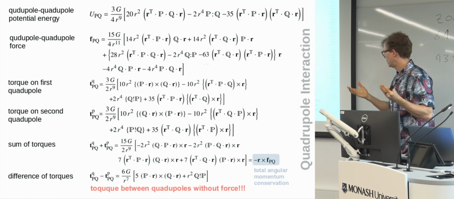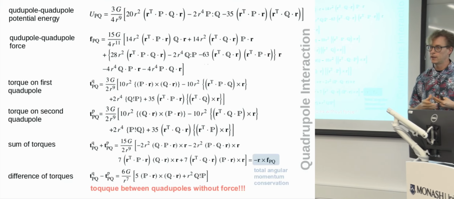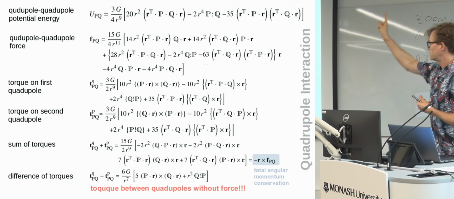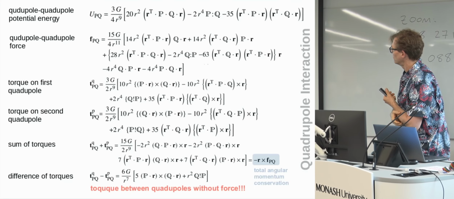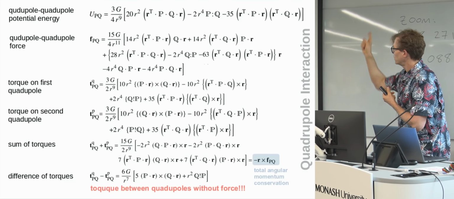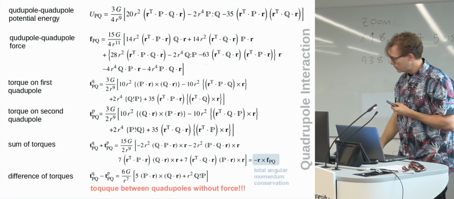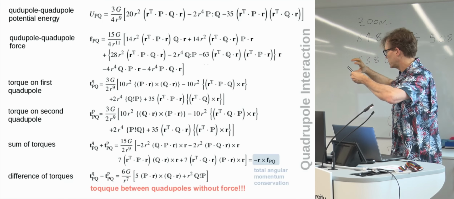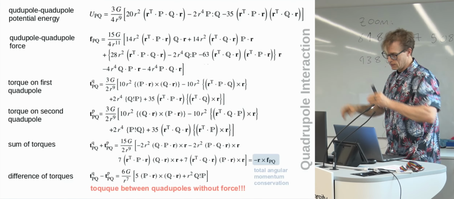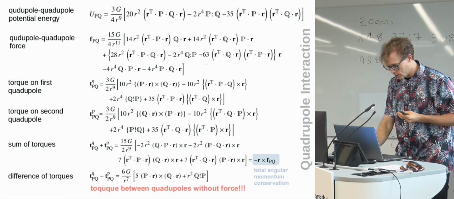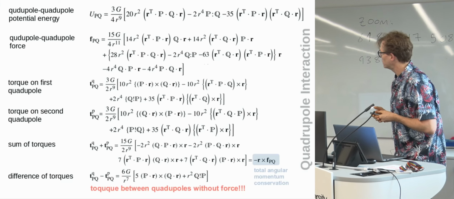Conversely, you cannot just use this formula to get back the torques of the individual objects, but you have to do this from more fundamental calculations, using the Hamiltonian equations to get the torques and the forces independently. So there can be torques between two quadrupoles without a net force.